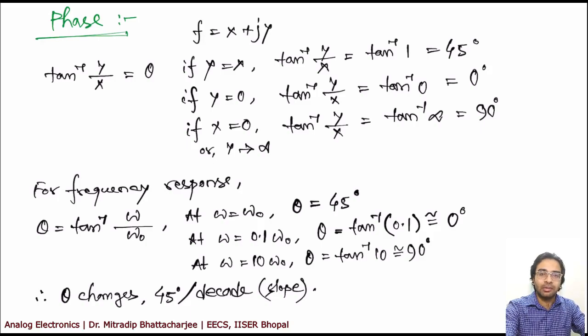However, apart from amplitude, there is another parameter which is very important, which is associated with the signal, which is known as phase. I also have discussed this particular parameter, and I also have mentioned that in case of CS, that is common source amplifier, the phase of output and input is 180 degree apart.